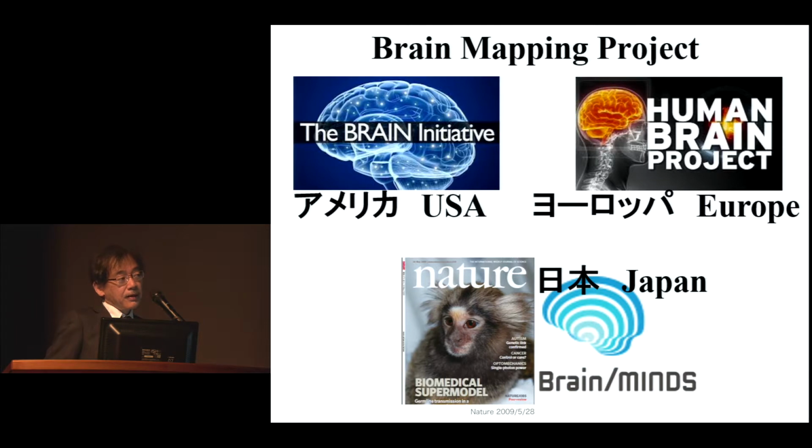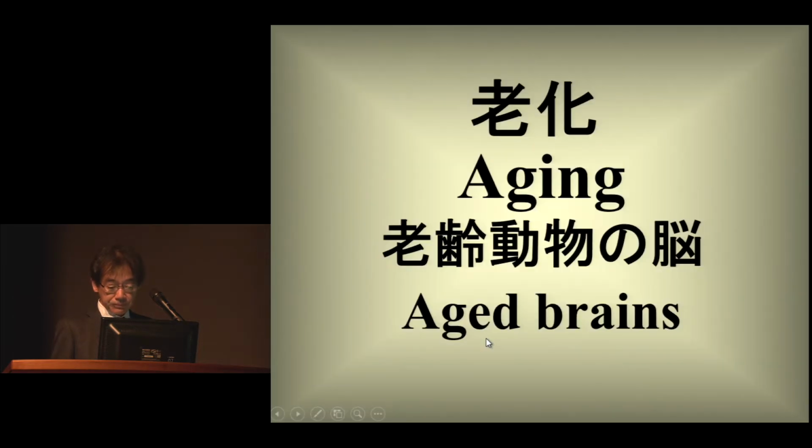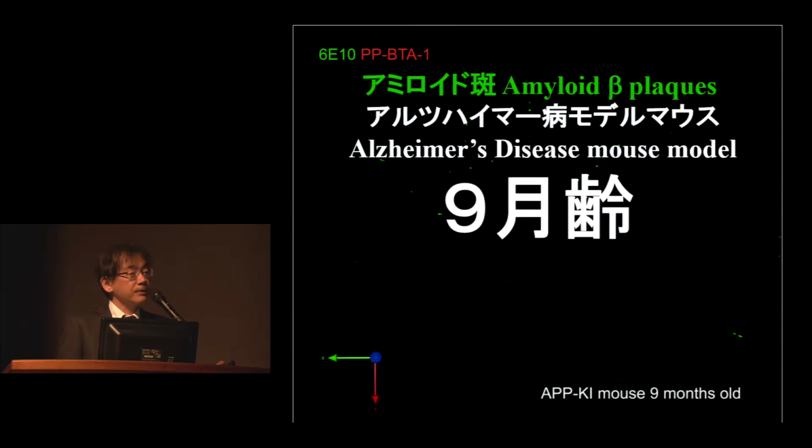Okay. And now, my laboratory belongs to the Japan Brain/MINDS project. Okay. And we are supposed to map neural circuits in the whole brain of rodents and primates. Okay. And also in my laboratory, we're very much interested in aged brains or aging brains. For example, Alzheimer's disease is a very famous neurodegenerative disease characterized by amyloid beta, A-beta plaques.